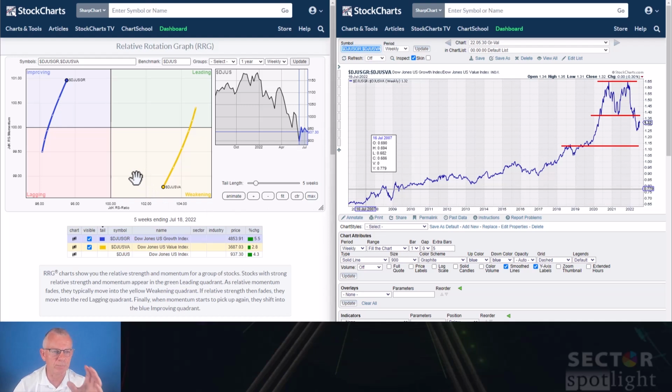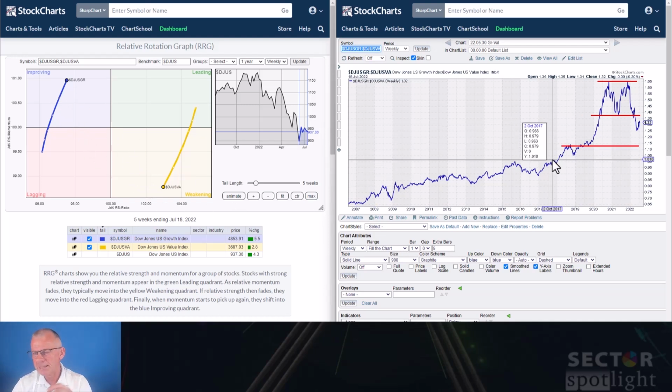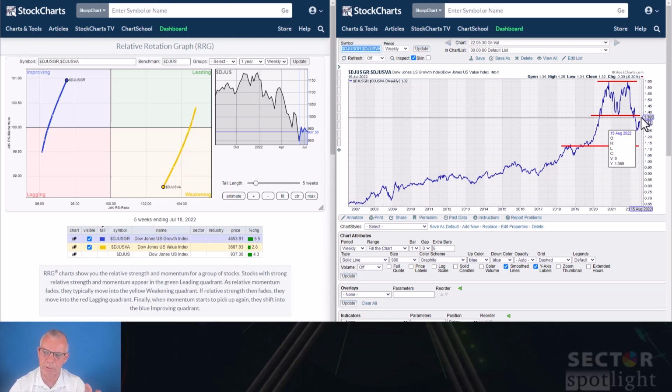That gives us a situation that we're now looking for a period where we can see growth stocks, growth sectors improving for the next couple of weeks, maybe even. This is a weekly chart, so this can easily take a couple of weeks before it hits that level.